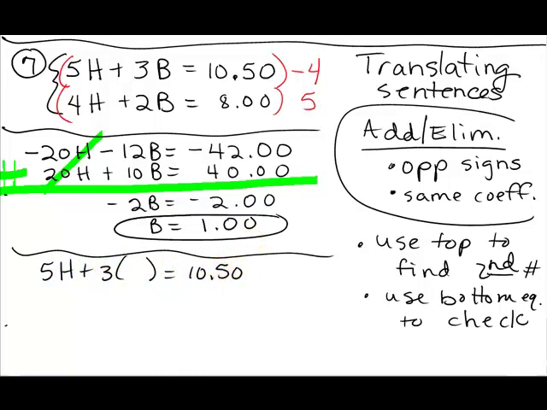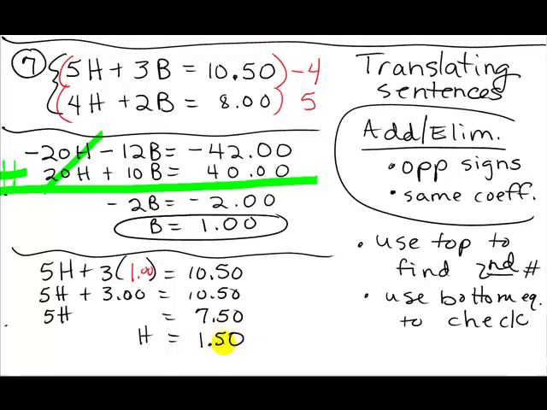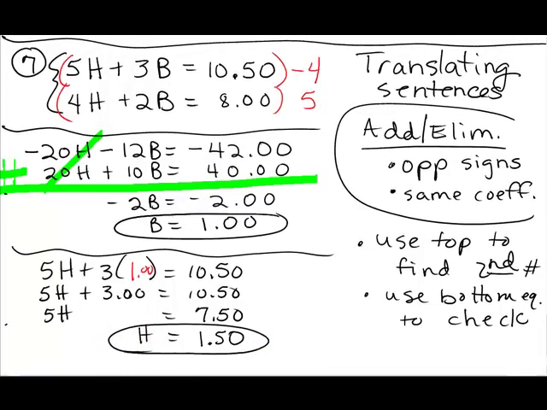Well, now we know that B is 1. And so we've got 5H plus $3 equals 10.50. Move the $3 over, so now it's 7.50. Divide by the 5, and the hot dogs are $1.50 each. You want to check it? You're going to plug it into this bottom equation.